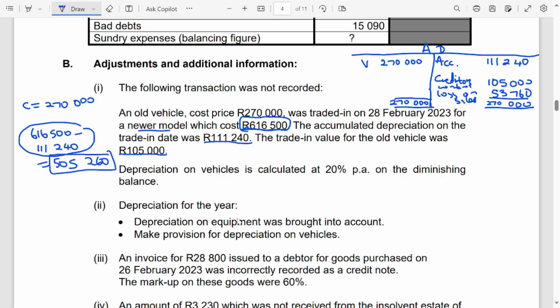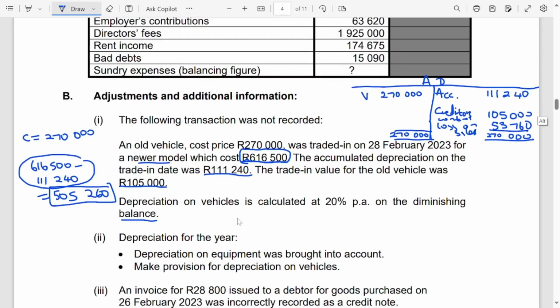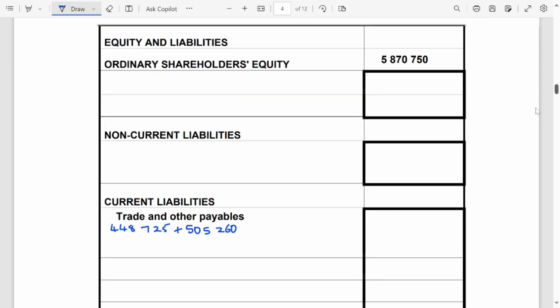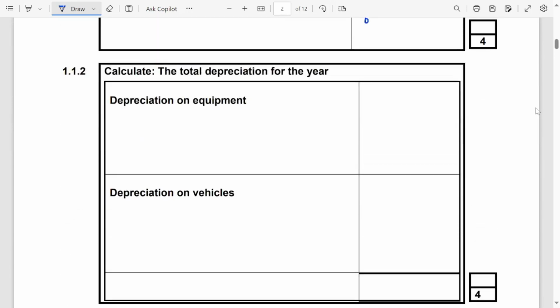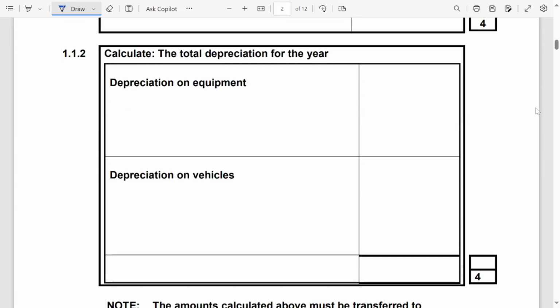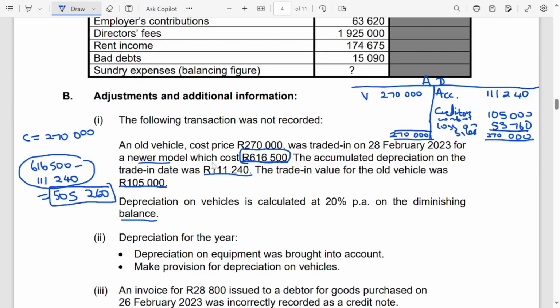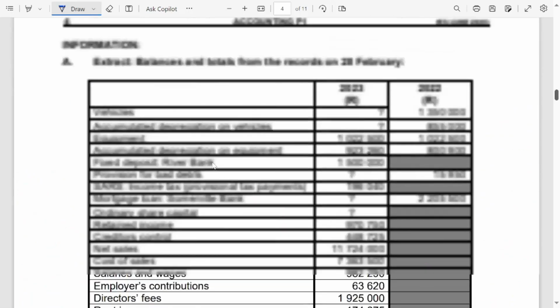Depreciation on vehicles is calculated at 20% per annum on the diminishing balance method. Now, if you can remember, in 1.1.2, we were told to calculate the depreciation on the vehicles. Now, I need to remember this.